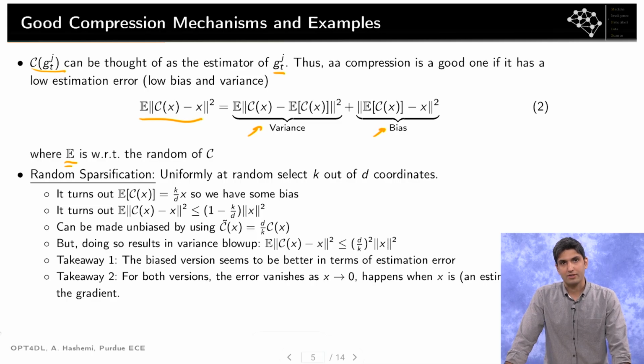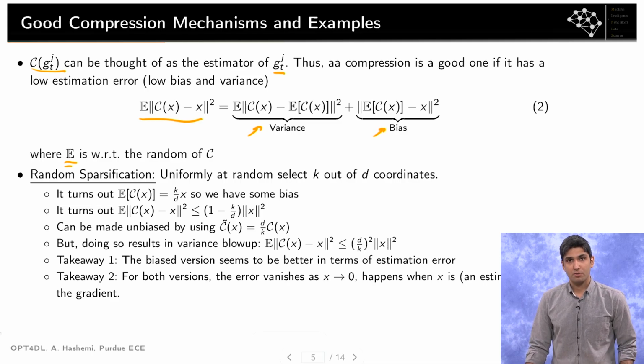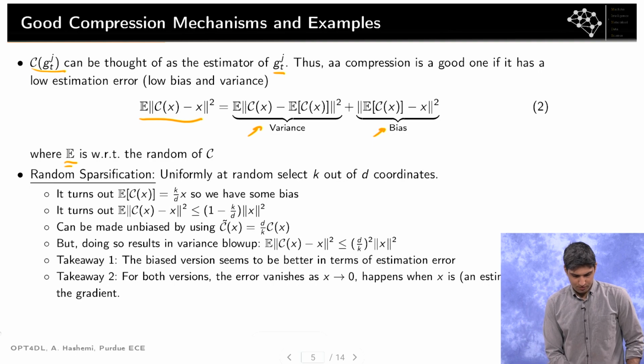So we're going to talk about randomized sparsification strategies and also an example of a randomized quantization strategy. So let's talk about some more examples and also at the same time talk about their bias and variance. So one strategy is random sparsification.